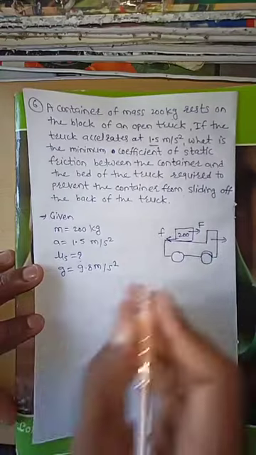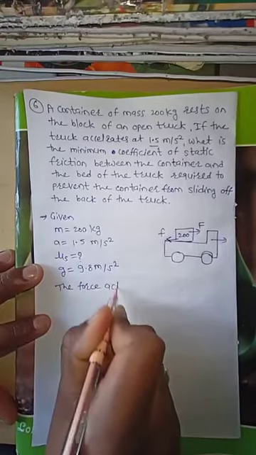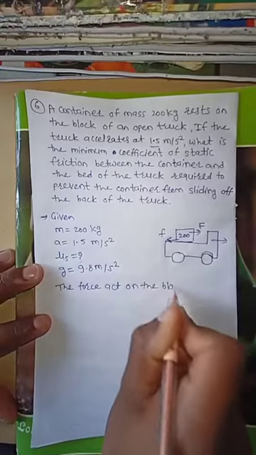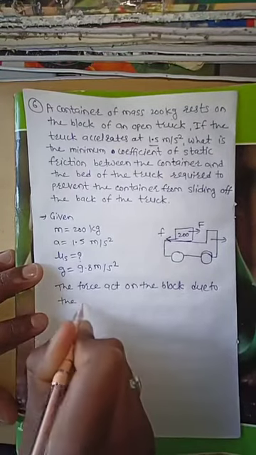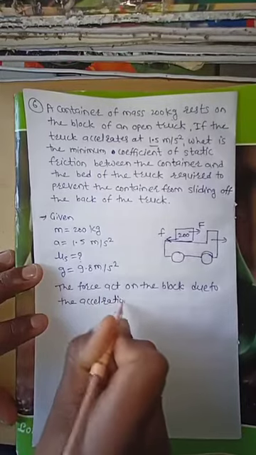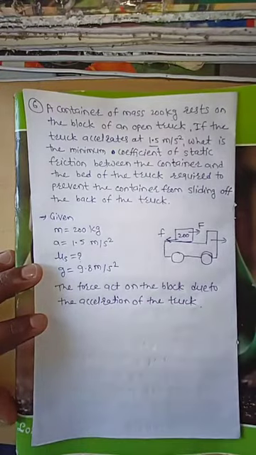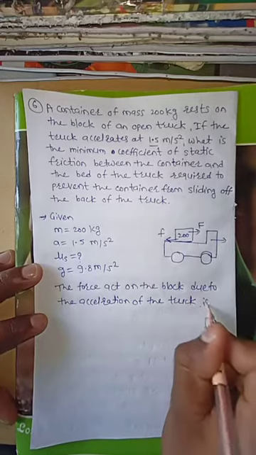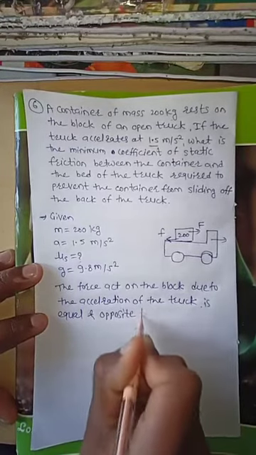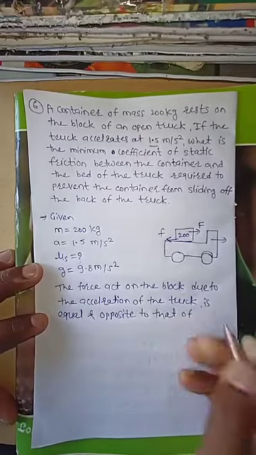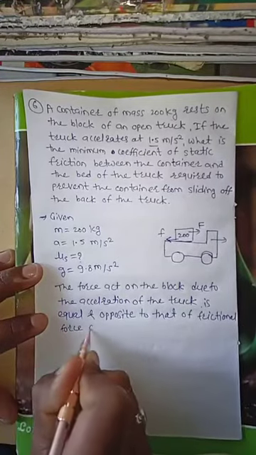Therefore, the force acting on the block due to the acceleration of the truck is equal and opposite to the frictional force acting on the container.